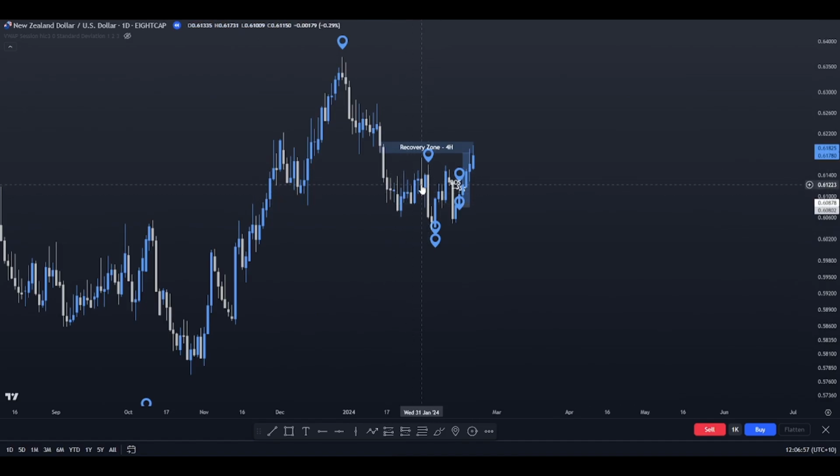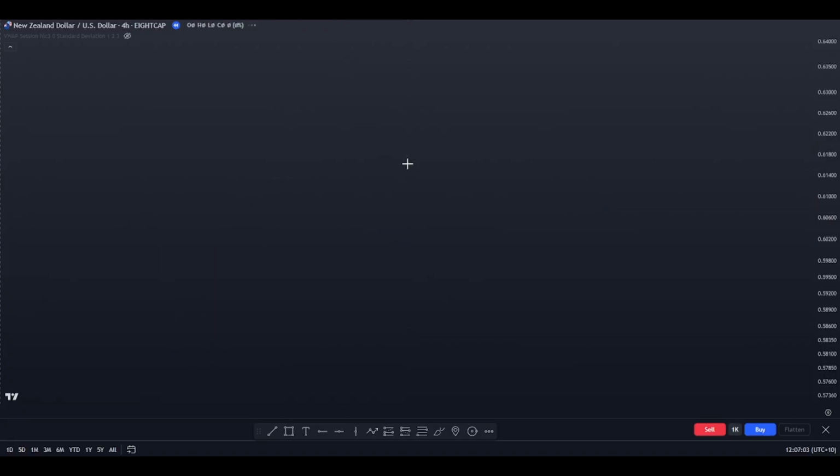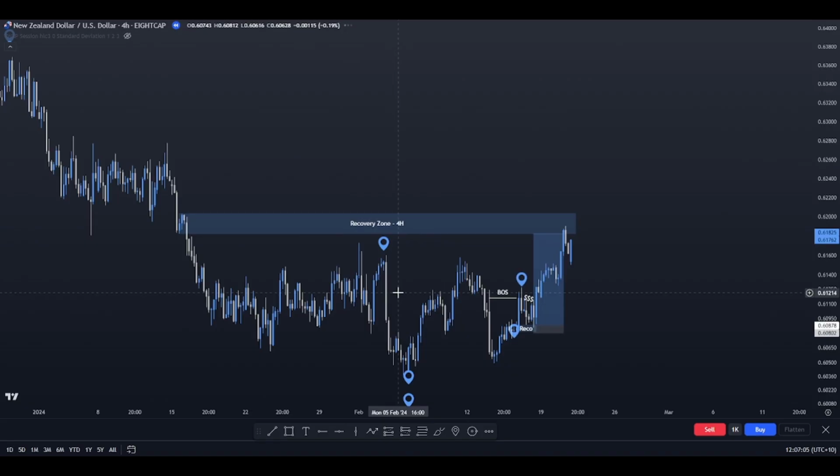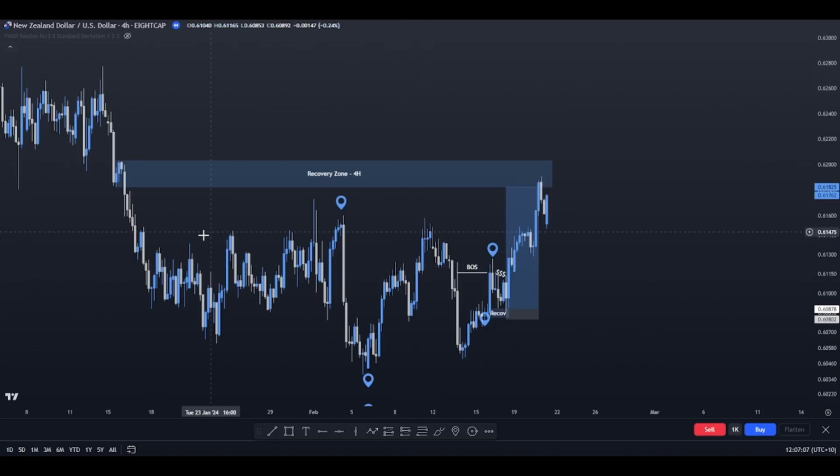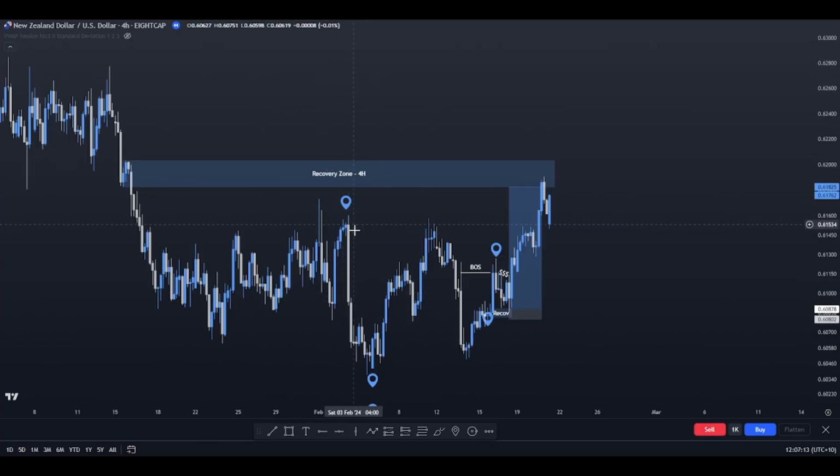Price is really tight, it's in consolidation, and during that period, dropping back down to the 4-hour time frame, you can see it more clearly now that you've got all of this liquidity here, liquidity to the downside, and then we had this move that showed an actual direction in price.